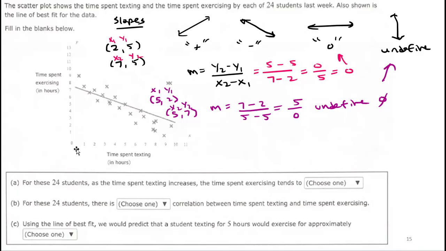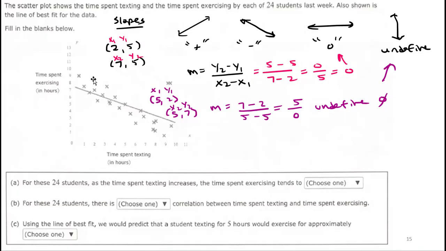So notice that as the time spent, and I've been to the gym several times, and I see this a lot, the time that people spend on their phone texting, the amount of time exercising goes down, because they're focused on their phones. It's the same thing in the class. That's why I tell students, what's the point of coming to class if you're just going to be on your phone?